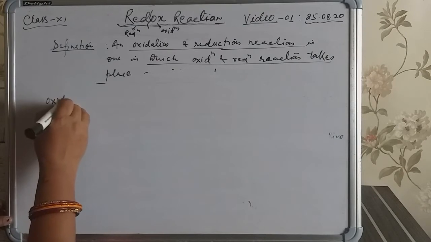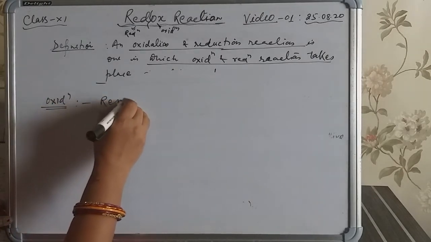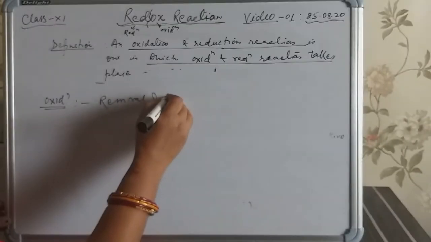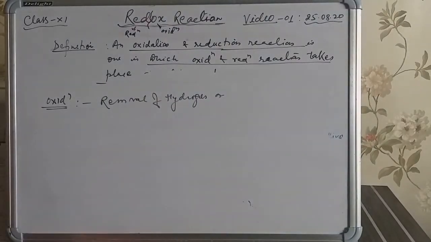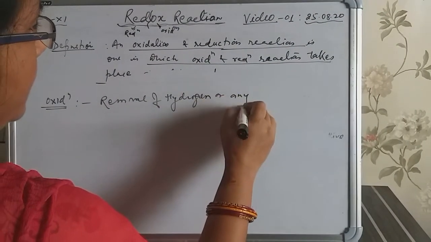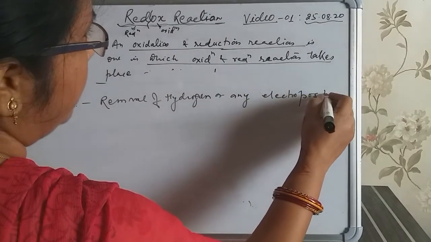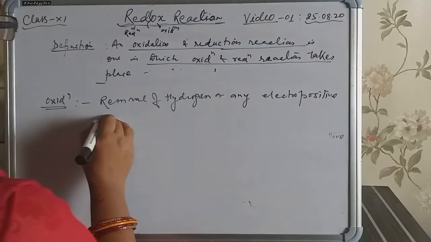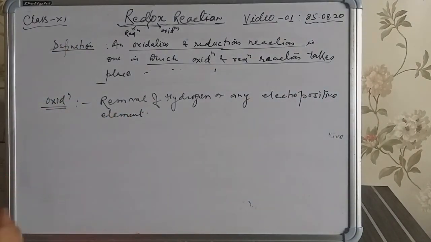In classical definition, oxidation in terms of hydrogen is removal of hydrogen or any electropositive element, and it is known as oxidation.